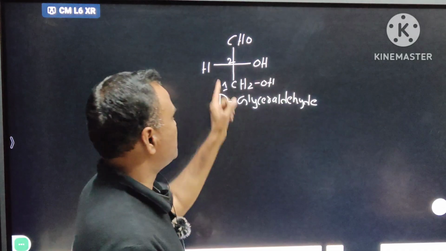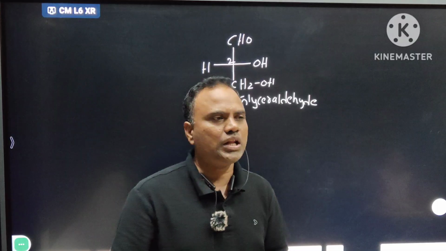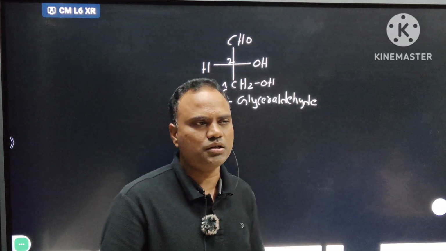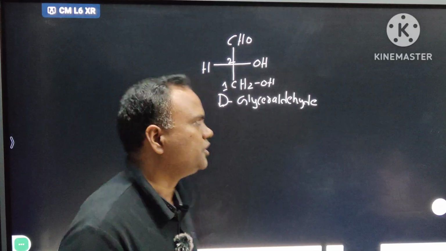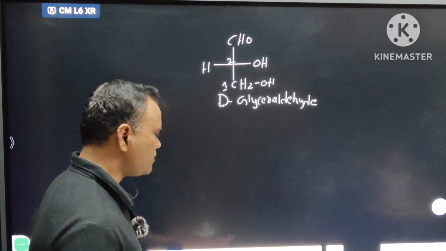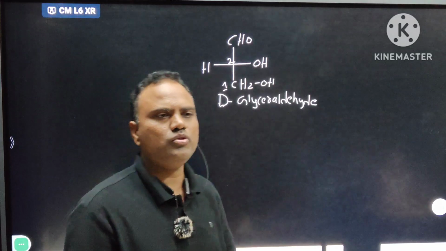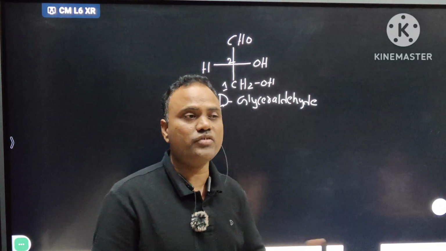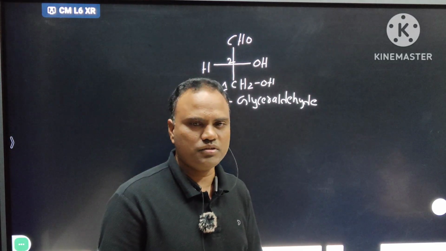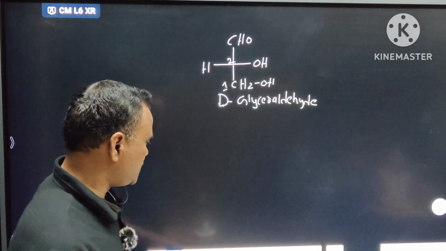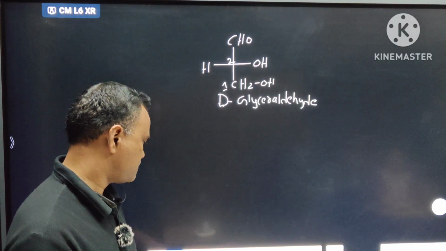At the second carbon, OH is on the right side, so D-glyceraldehyde. All these monosaccharides are derived from D-glyceraldehyde. With the help of D-glyceraldehyde, we can draw all. See the trick.